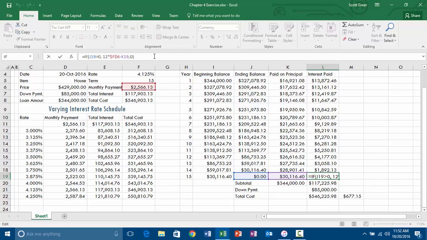Okay, if it's greater than 0, I think it needs to be greater than or equal to, is that right? Oh, okay. Good catch. Thank you.